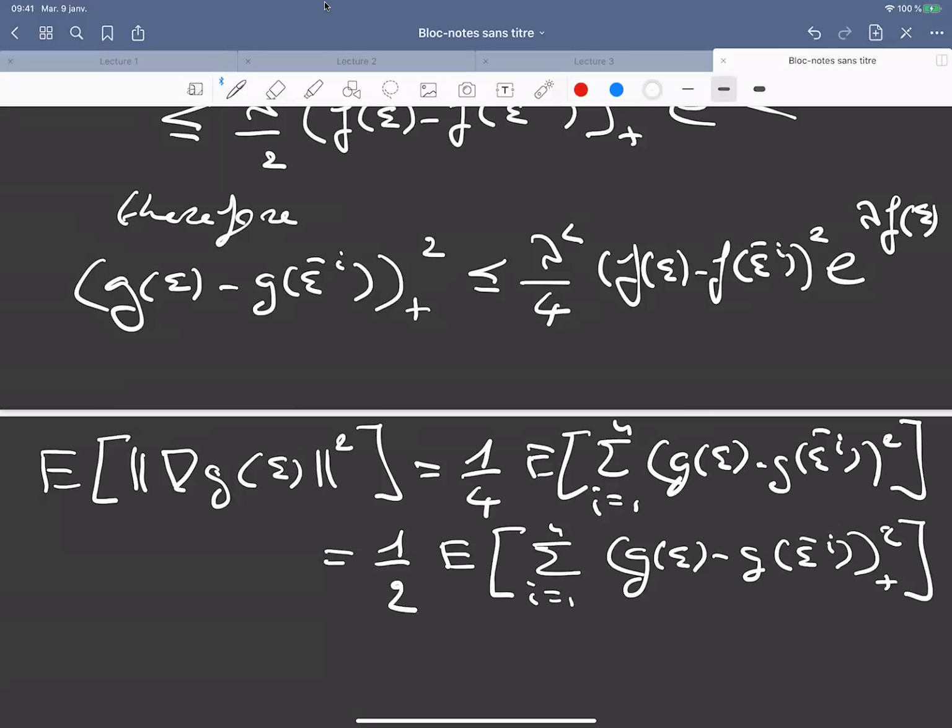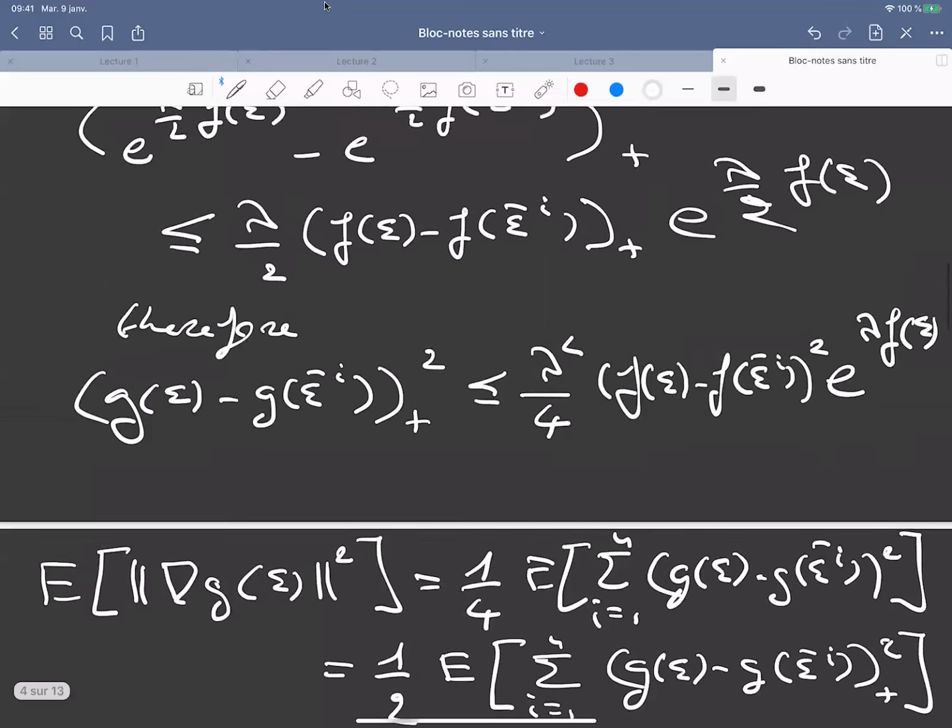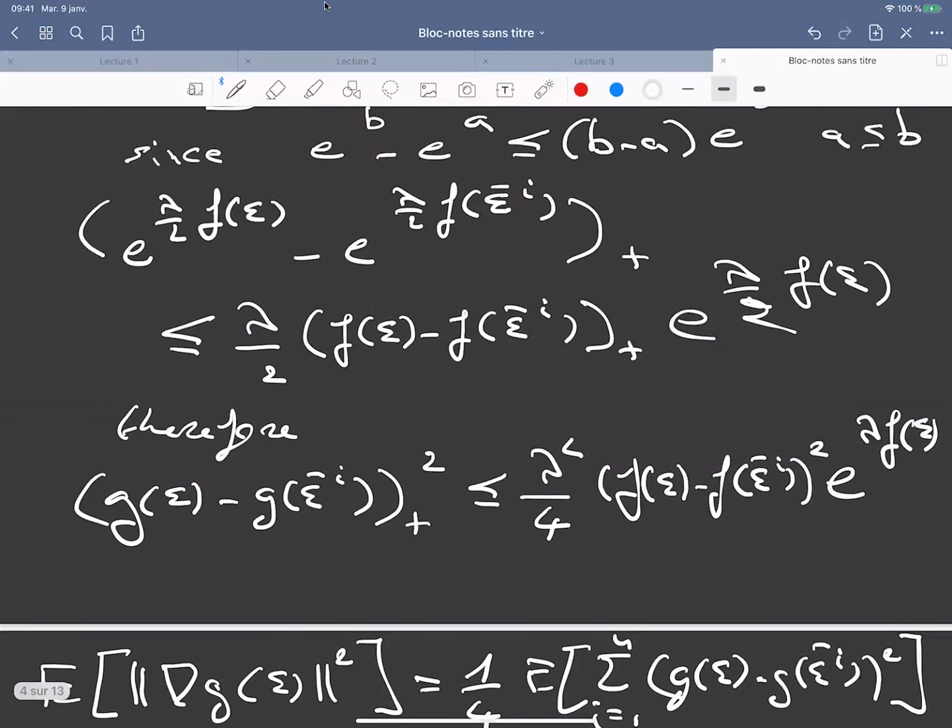So this is a nice trick, because think about it, the fact that we look at the positive part is important, because here you make this exponential of lambda f of epsilon appear. If you look at the negative part, this would be the exponential of f at point epsilon bar I appear.